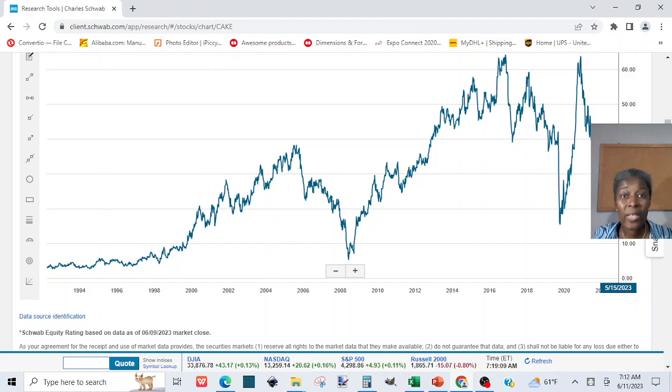That $3 invested will have gone up to $32. So pretty much $29 ish, or $28 appreciation of that $3 invested in 1992, and now in 2023. Does that make sense?